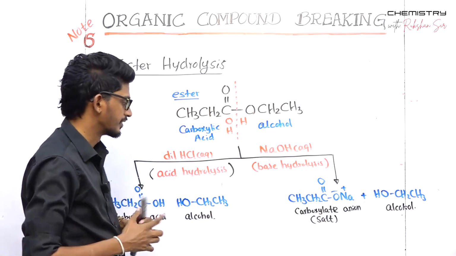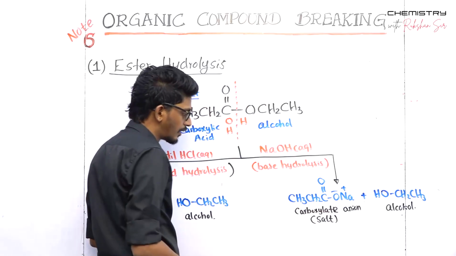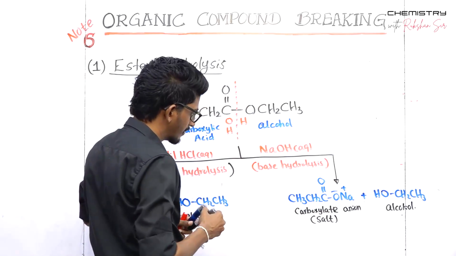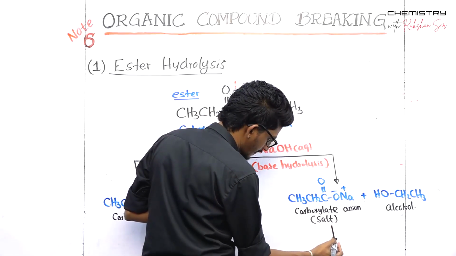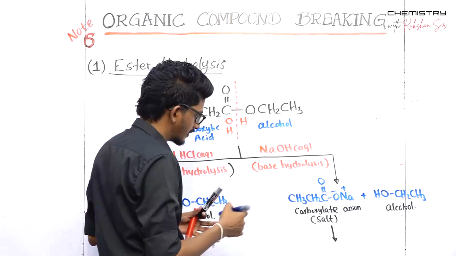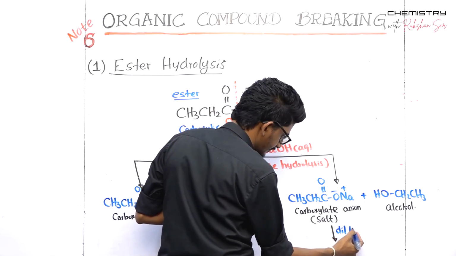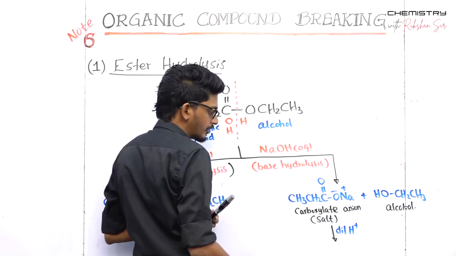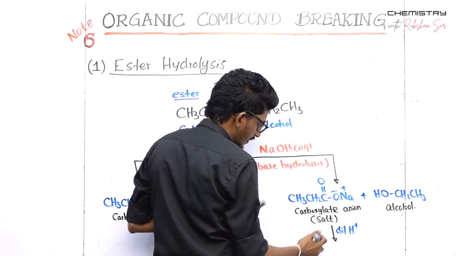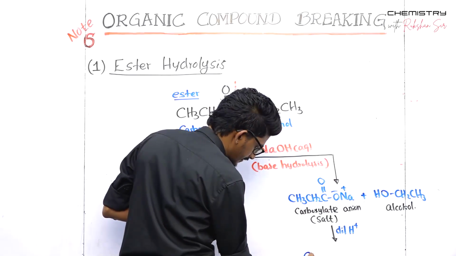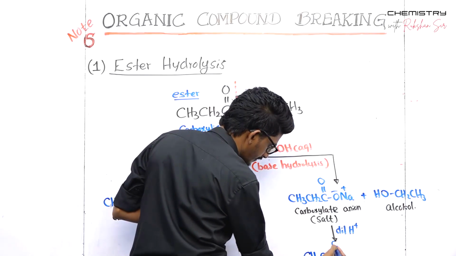So in compound synthesis processes, we can convert that carboxylate anion into the carboxylic acid by just adding some acid, right? You can replace this Na plus with H plus and convert this into the carboxylic acid that will be needed in compound synthesis processes.